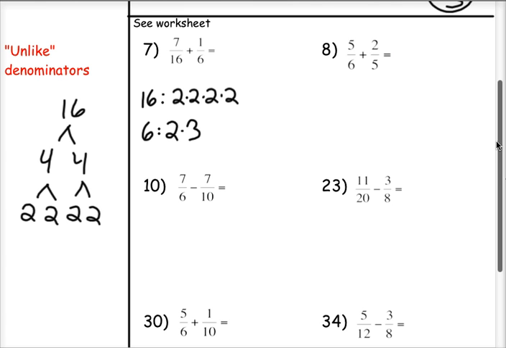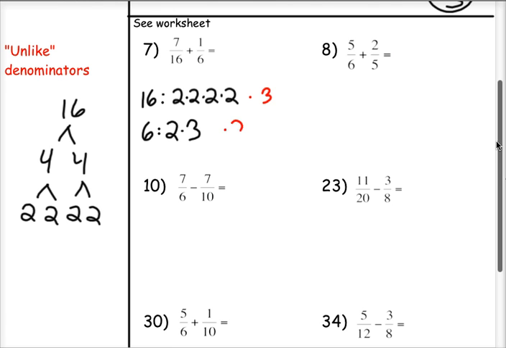Now the reason I'm doing this is because I need to see what is each denominator missing. So what I mean by that is, what does the 6 have that the 16 doesn't? Well, the answer is you need a 3 there. What does the 16 have that the 6 doesn't?